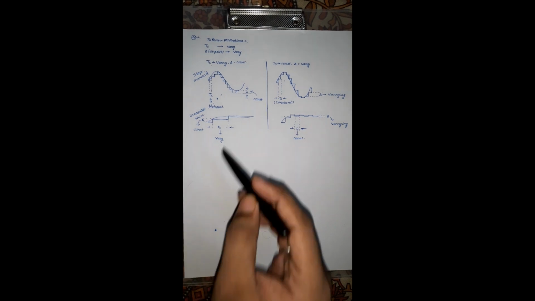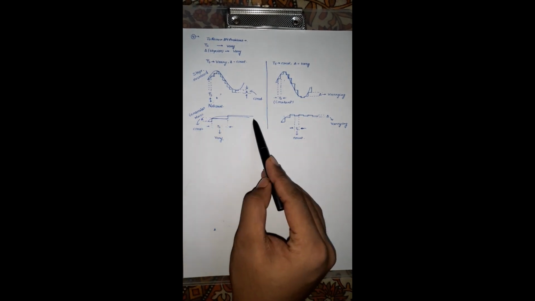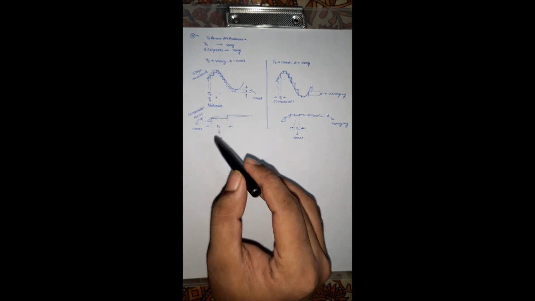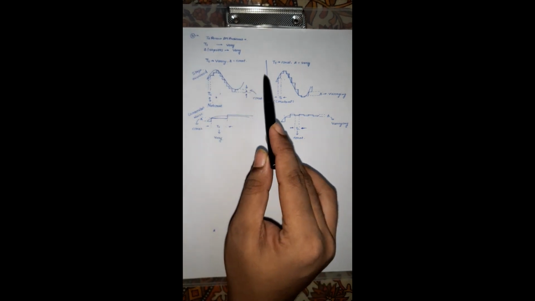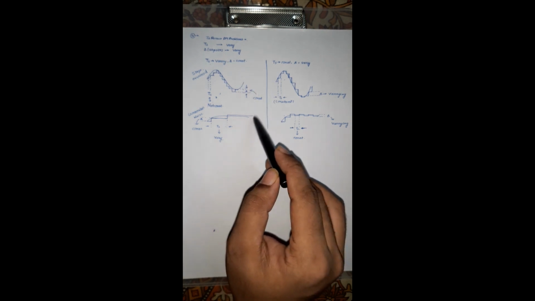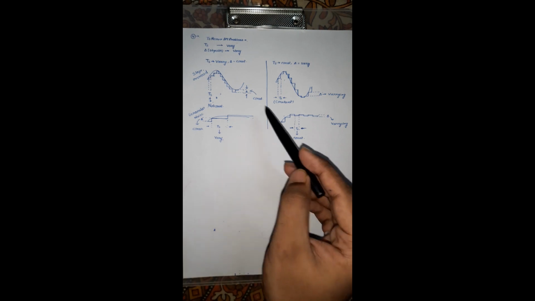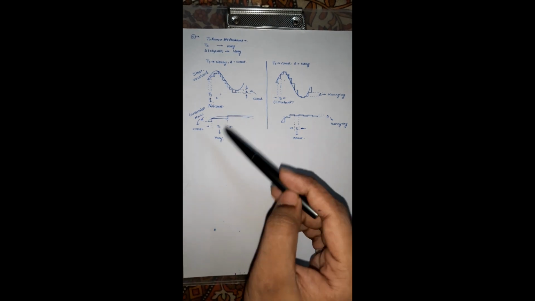Sometimes the input may be like this, sometimes it may be like this. If we design separate circuits for these types of signals, then for infinite types of signals we would have to design infinite types of delta modulation circuits, modulator circuits.